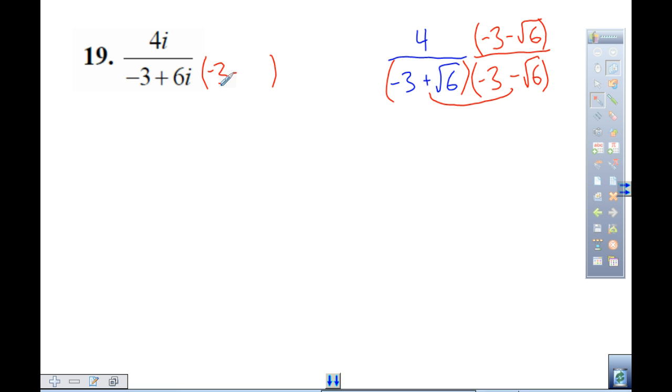Multiplied by negative 3 minus 6i, top and bottom. And with imaginaries, we figured out after a while that i squared equals negative 1. So anytime you multiply i times i, substitute it with negative 1.